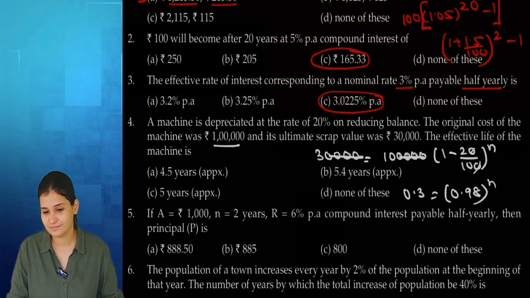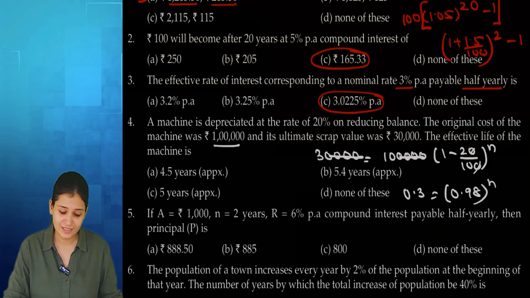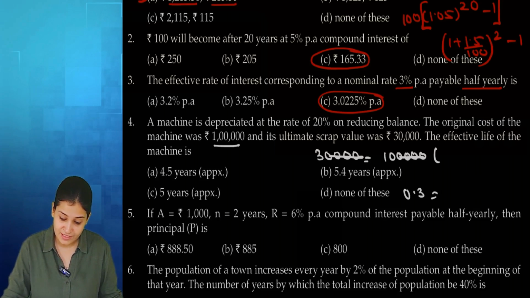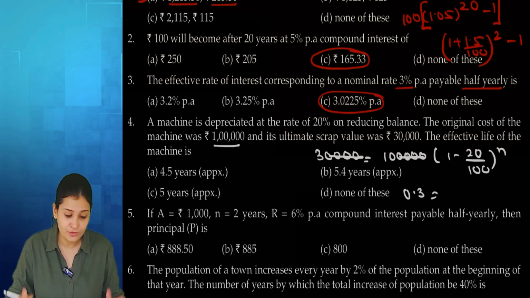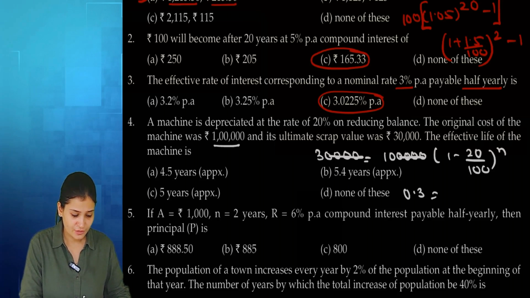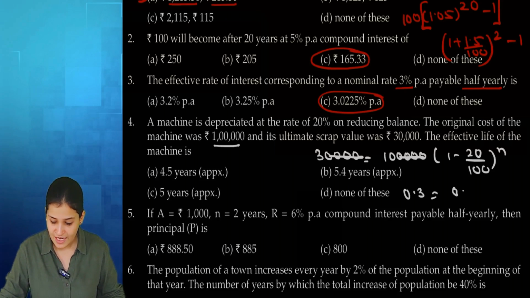Yes, ma'am. How is it okay? Please check the calculation. It's incorrect. We are doing 1 minus 20 by 100. 20 by 100 is 0.2. If you subtract it from 1, you get 0.8. How can you tell me yes?